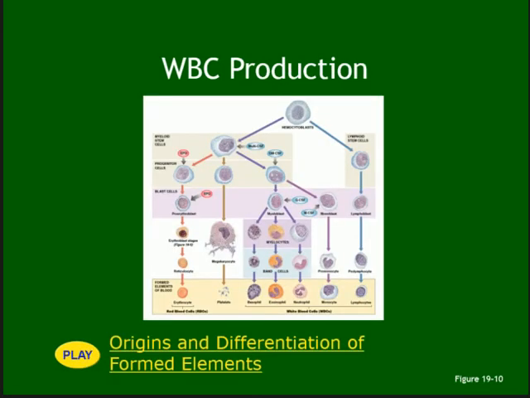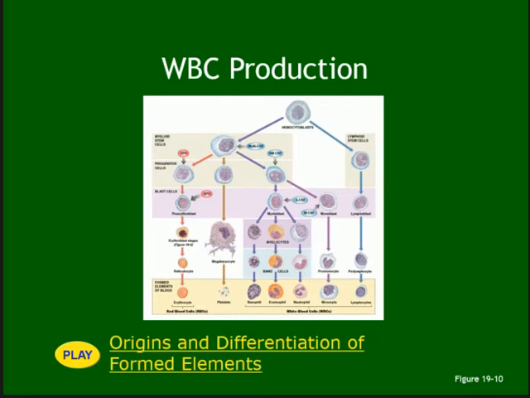White blood cells are produced depending on which type we are talking about. All blood cells in general start from the hemocytoblast, and it goes from one type to another. You have the myeloid stem cells, which are responsible for all of them except the lymphocytes.